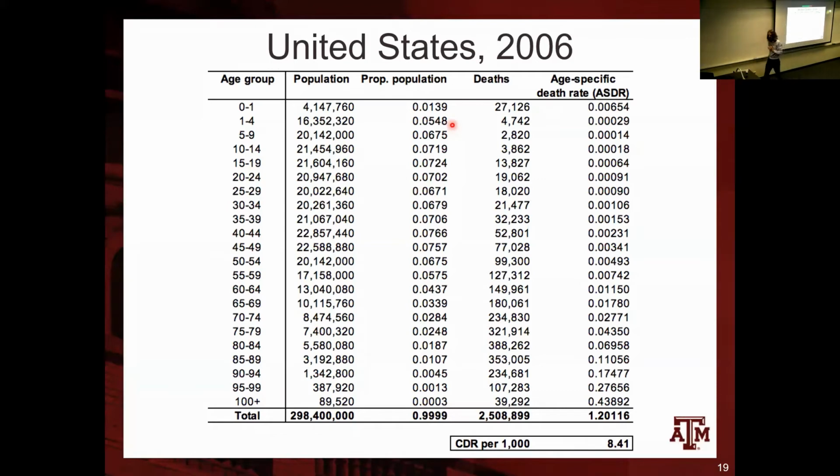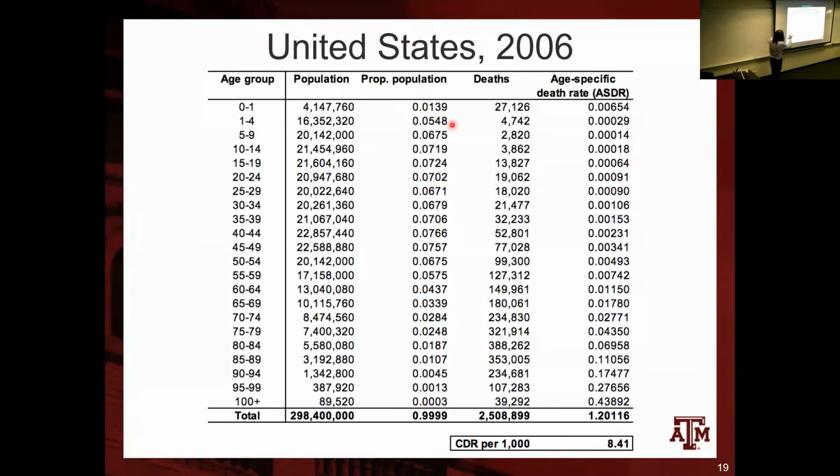Okay? Since the proportion varies from 0 to 1, if we add them all, we get 1. Here we have just a problem of rounding the data, but it adds up to 1. Percentages vary from 0 to 100. For this exercise, let's just use proportion.